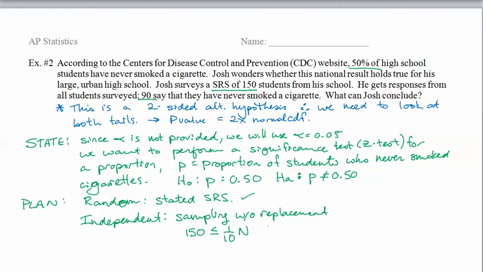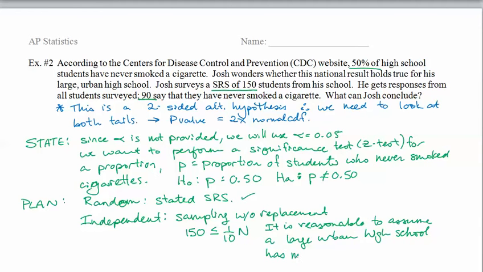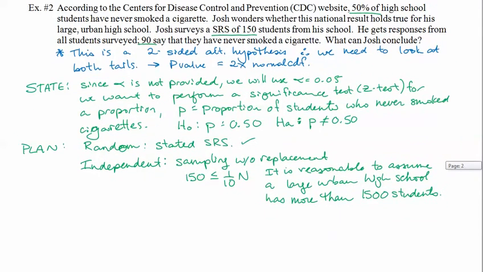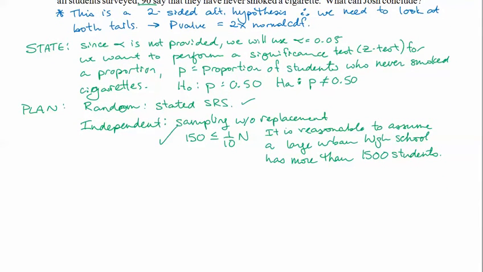And so it is reasonable to assume a large urban high school has more than 1,500 students. Okay, so that one we've checked off as well.